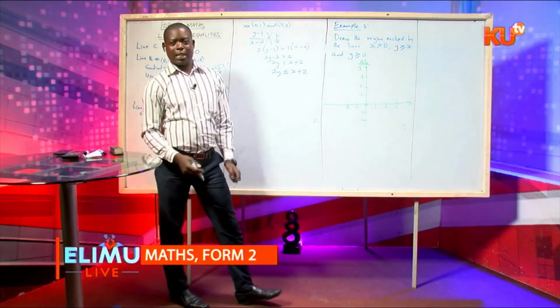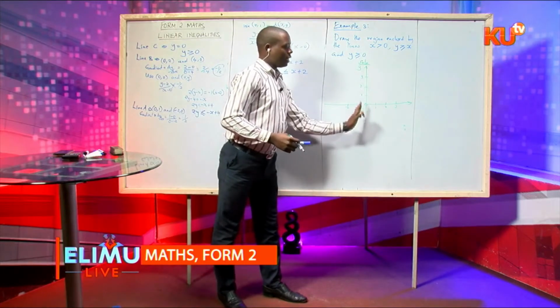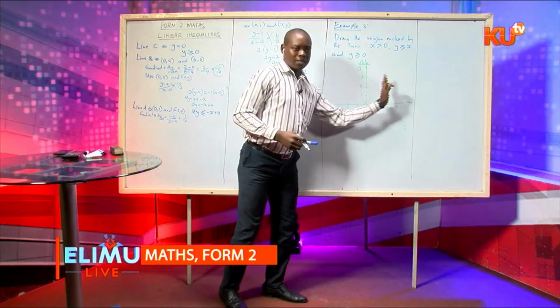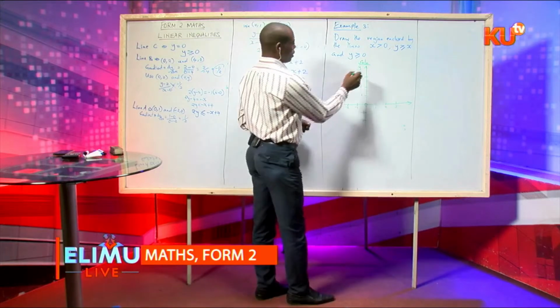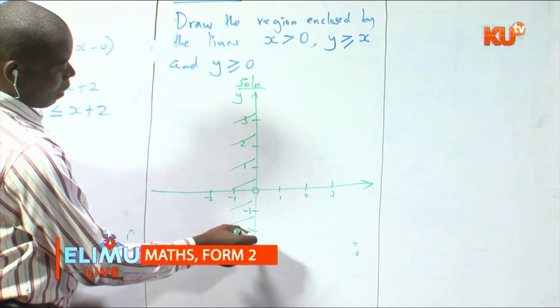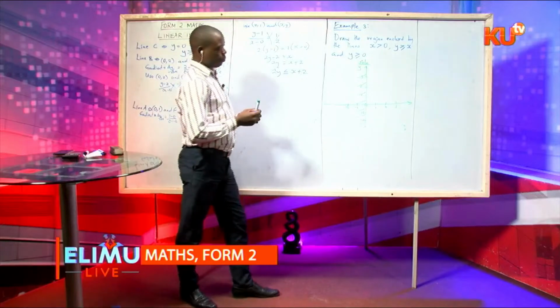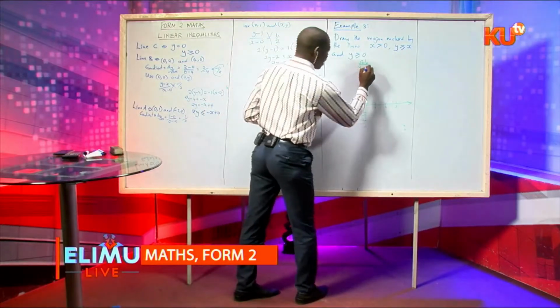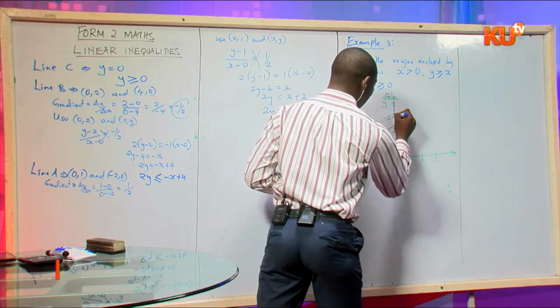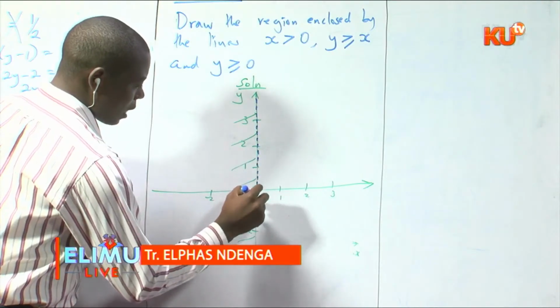Then the line x greater than 0. This is the y-axis. So the values greater than 0 are on this side. So we shade the opposite side. I will shade on this side. But remember, it is strictly greater than 0. So what it means then, this line ought to be a dotted line.